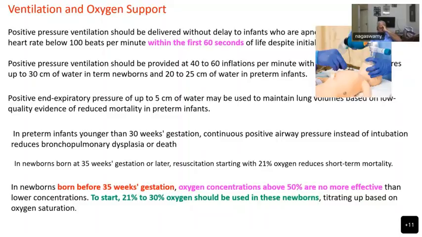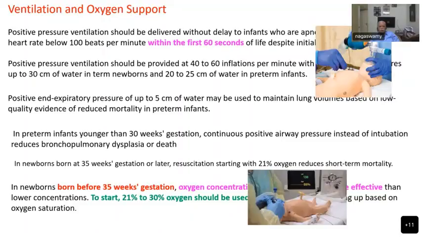Retinopathy of prematurity. So in a premature baby, don't use the 100% higher concentration. 21 to 30% should be sufficient. And you can see the saturation is only 88%, but that is acceptable.